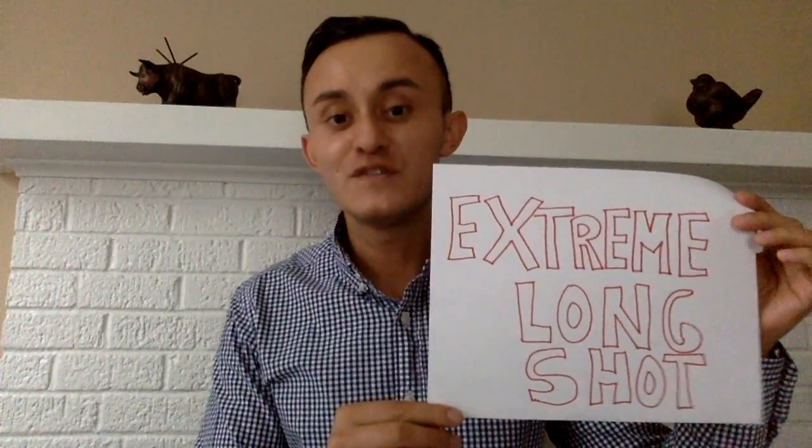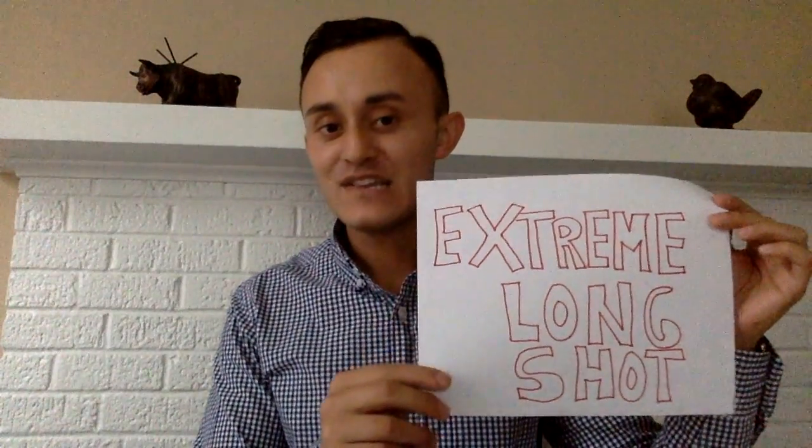Just like close-ups, there are also extreme long shots. Extreme long shots are used to convey a sense of time in relation to the action that our character in the film is performing. Let's take a look at a couple of examples.